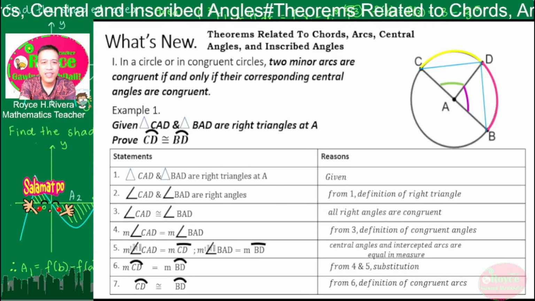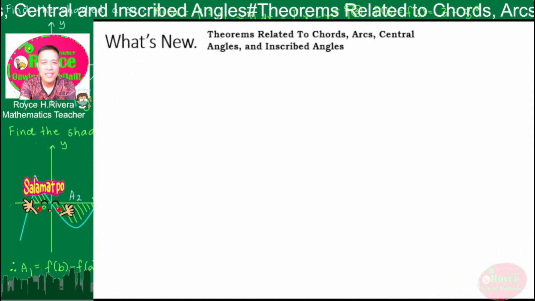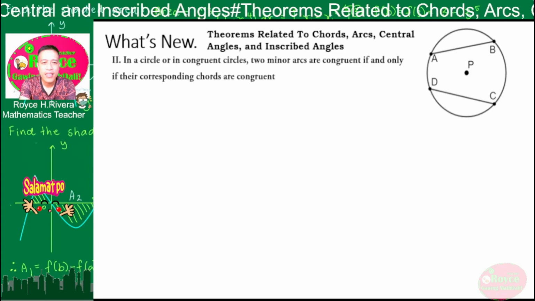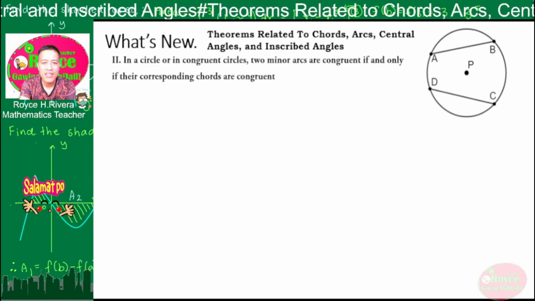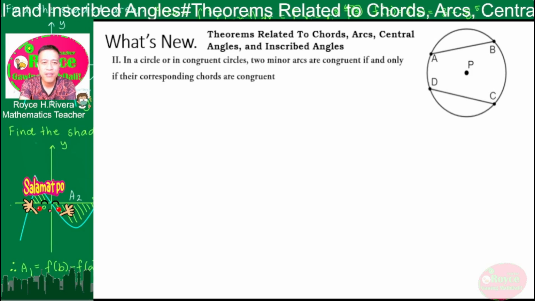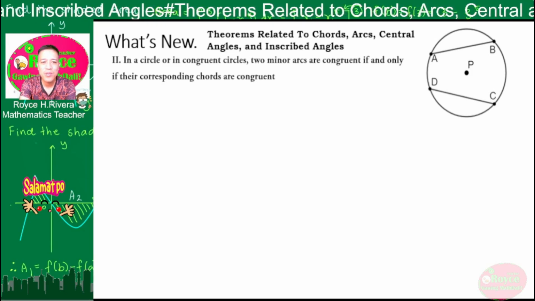We now proceed to the next theorem. Number 2, in a circle or in congruent circles, two minor arcs are congruent if and only if their corresponding chords are congruent.